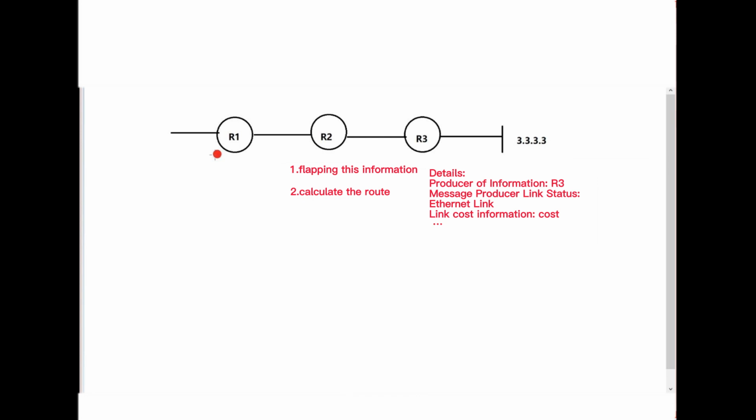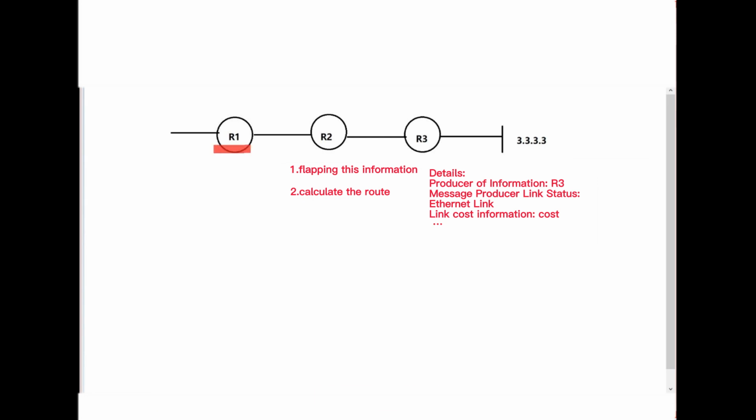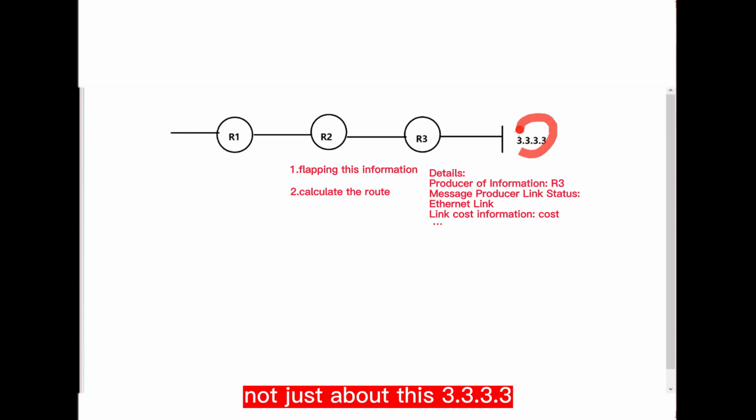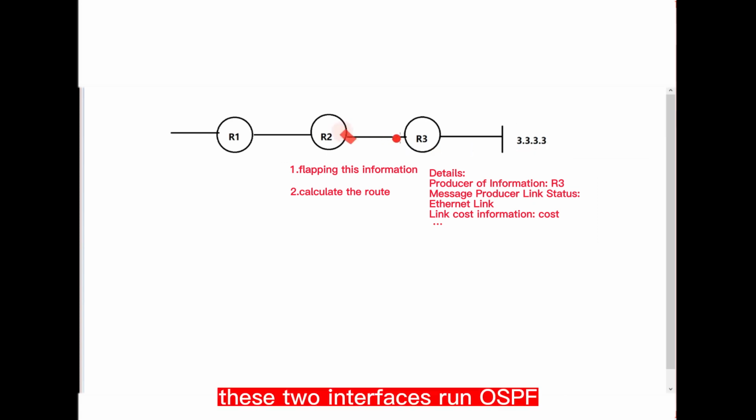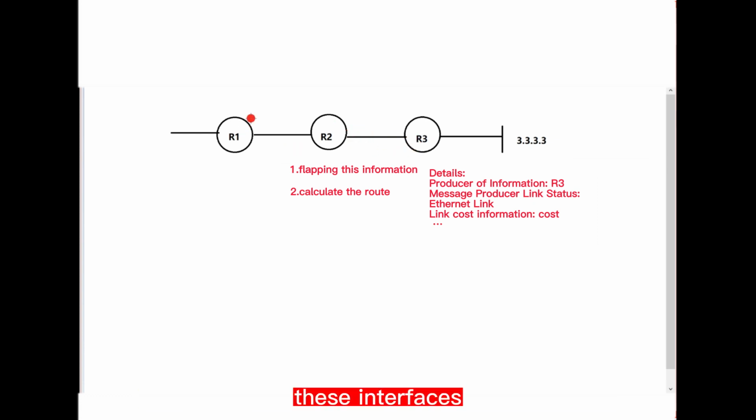In fact, R1 will also generate this detailed content. R2 will also, R3 will also, not just about this 3.3.3.3. For example, these two interfaces run OSPF. They also generate detailed information about these interfaces.